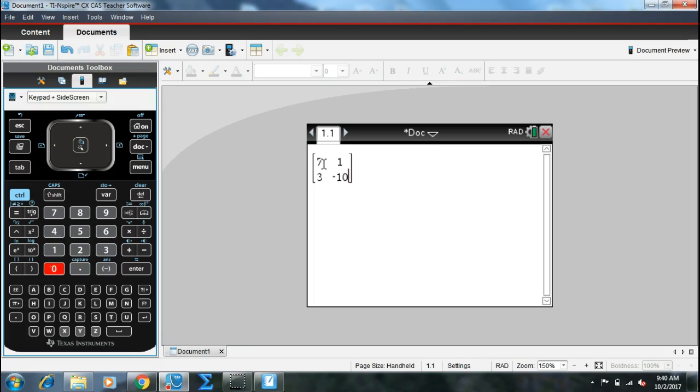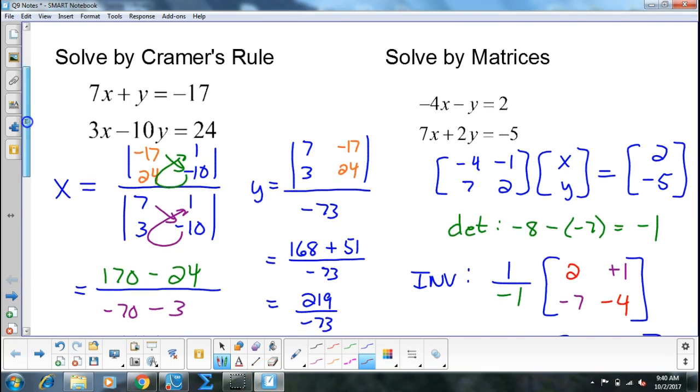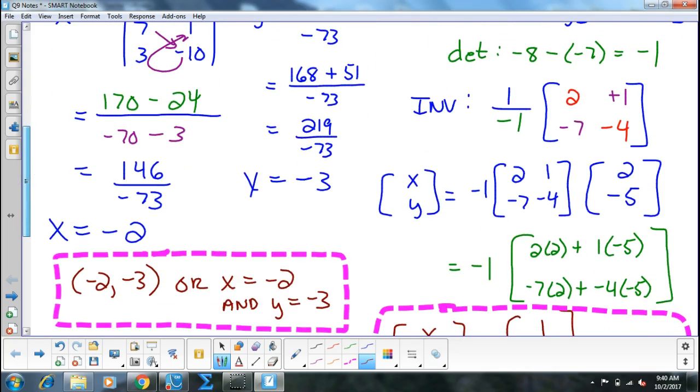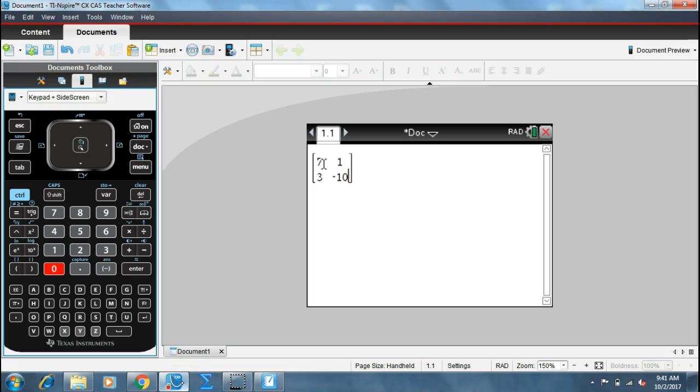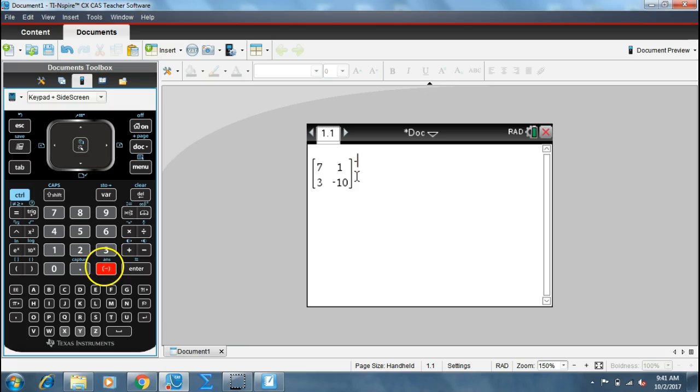Okay? Now, if I'm thinking about it the matrix way, this is the inverse times the constant, right? To solve for it. So I need to take the inverse of that matrix. Well, I tab out of it and I raise that to the negative 1 power.